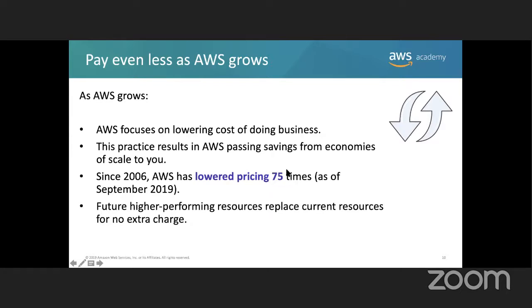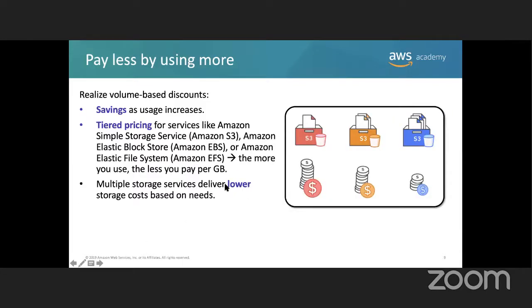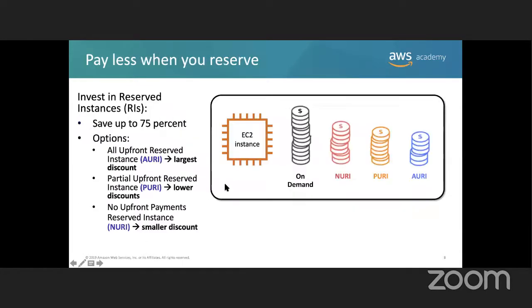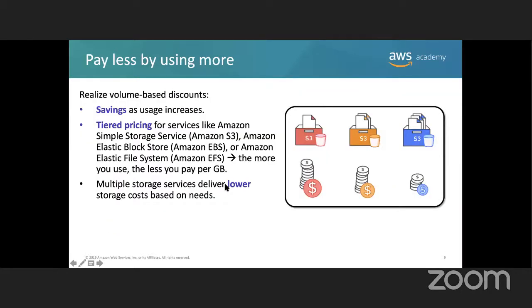It says 67. It's 75 times as of September 2019. That was one year ago. There hasn't been any update ever since, but it had a different update as well in March 2020.